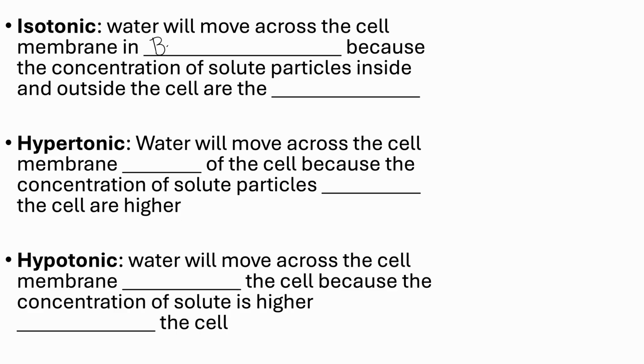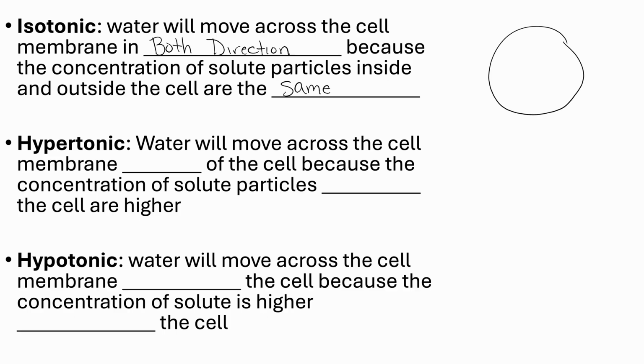So isotonic is when water will move across the membrane in both directions, meaning that the cell is not going to change shape because the concentration of solute particles inside and outside the cell are the same, or they are equal.